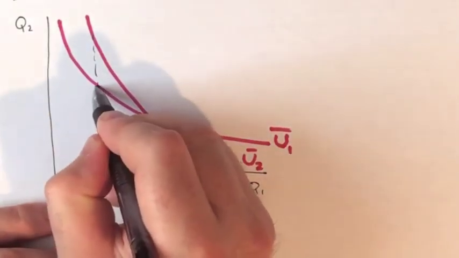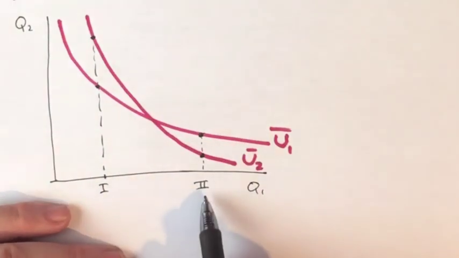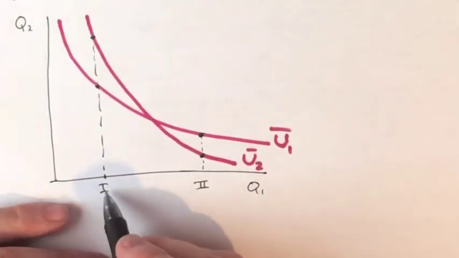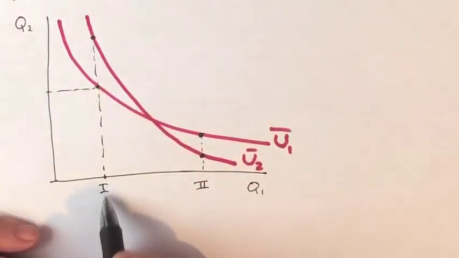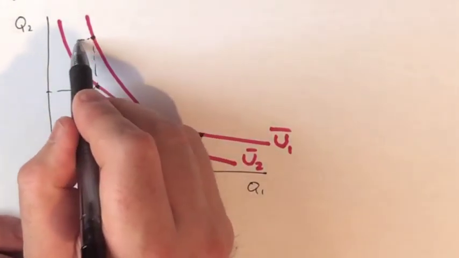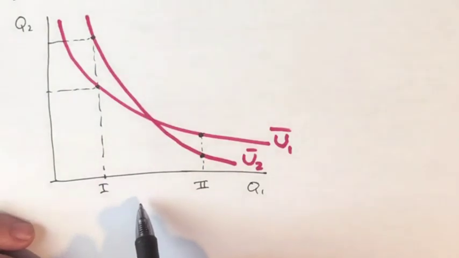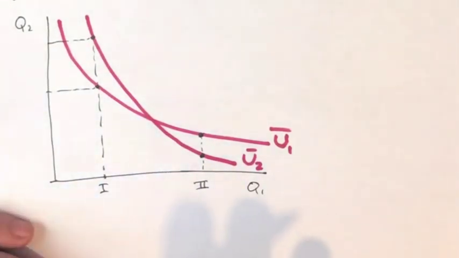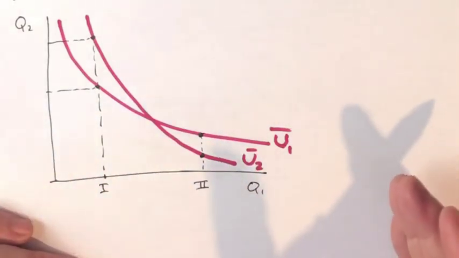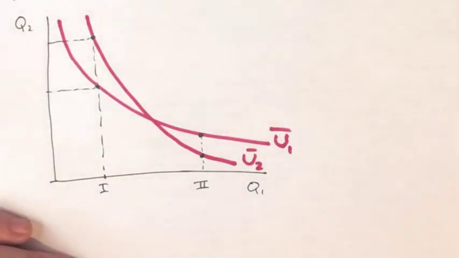Look at what's happening in these two situations, right? At point 1, you have the same amount of good 1, right? But you have more of good 2, okay? So we are assuming, look, if you have the same amount of something that you like, you don't have to give up anything, but you have more of this other thing that you also like, well, then you're going to prefer that, right?